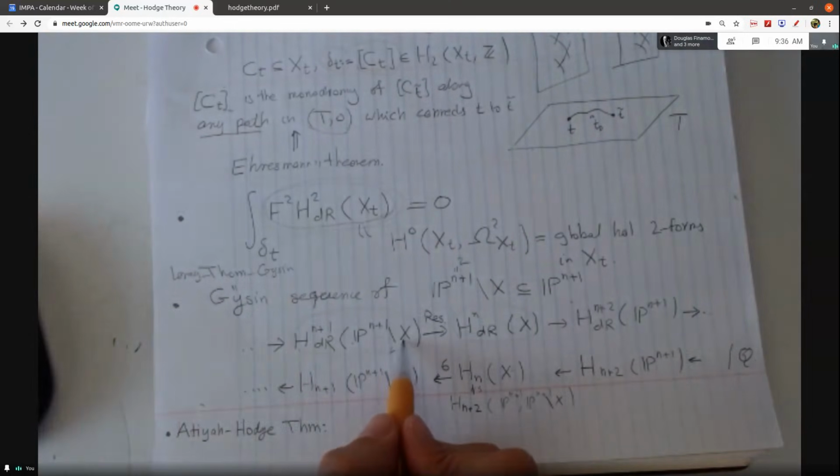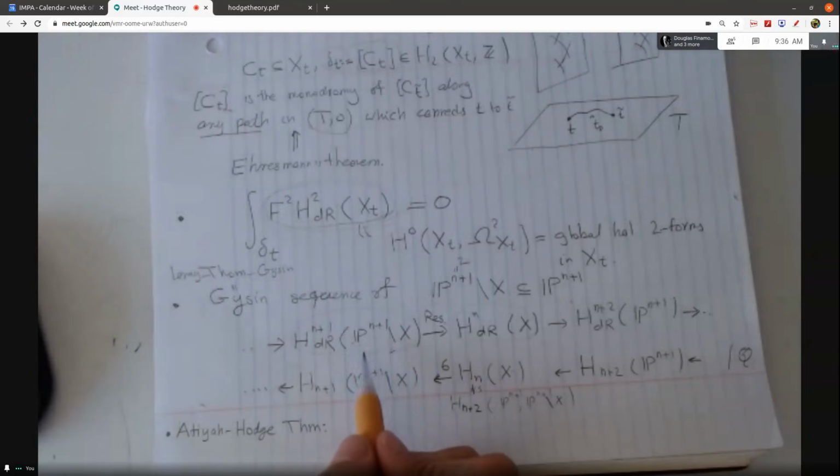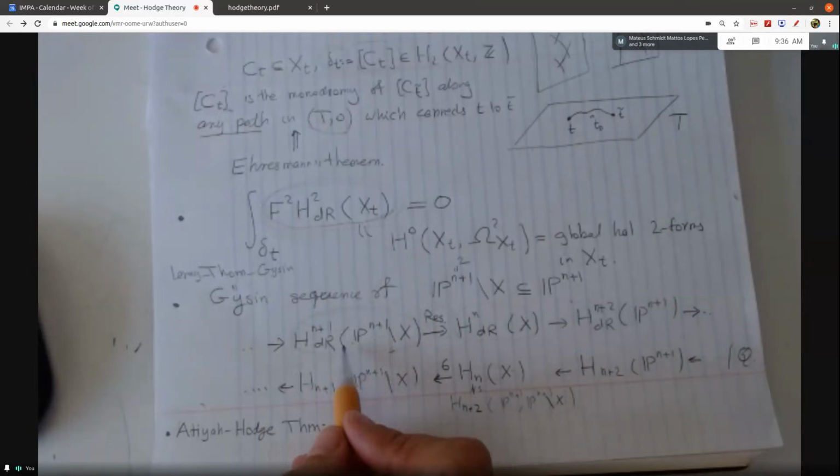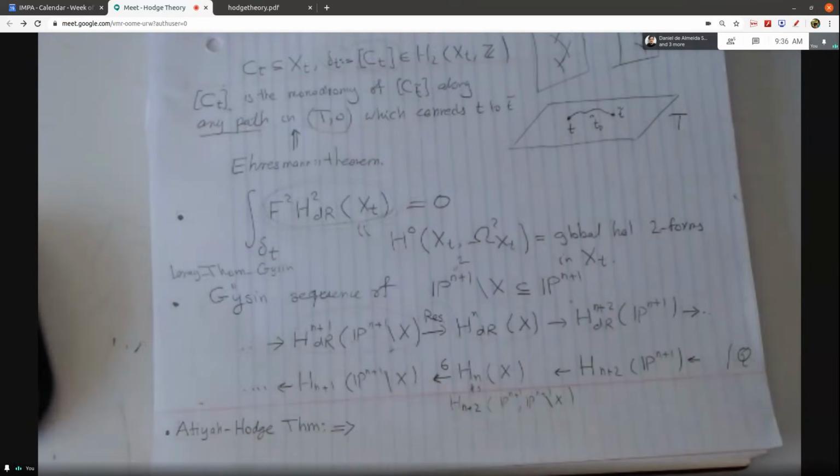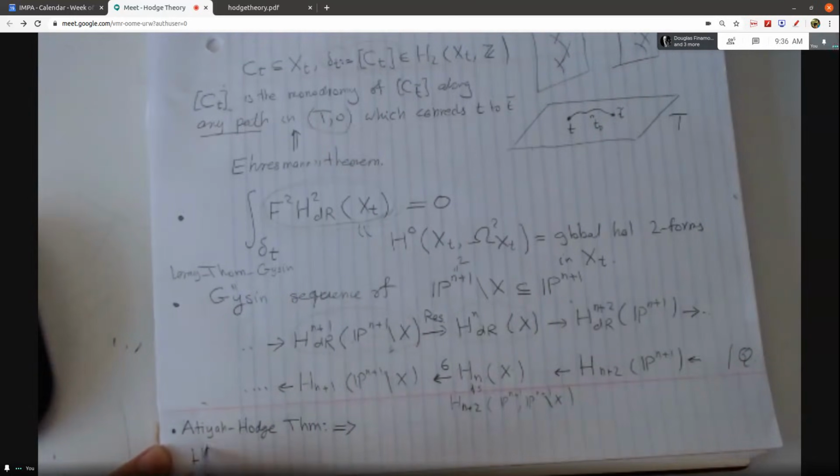The complement of a hypersurface in P^{n+1} is an affine variety, and Grothendieck's theorem tells us that its de Rham cohomology is given by algebraic differential forms. At the end, it is not difficult to describe the differential forms here.